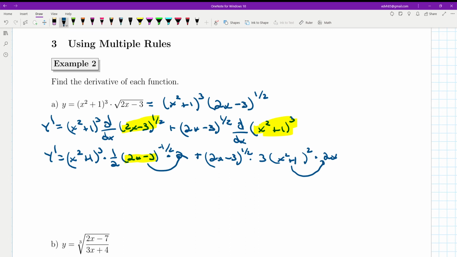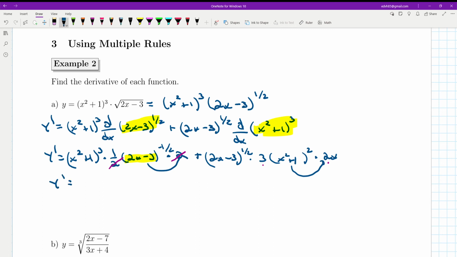Well, notice number one how these 2's cancel. Also 3 times 2 equals 6. And this x to the negative 1/2 will go to the denominator as positive 1/2 and later as a radical.